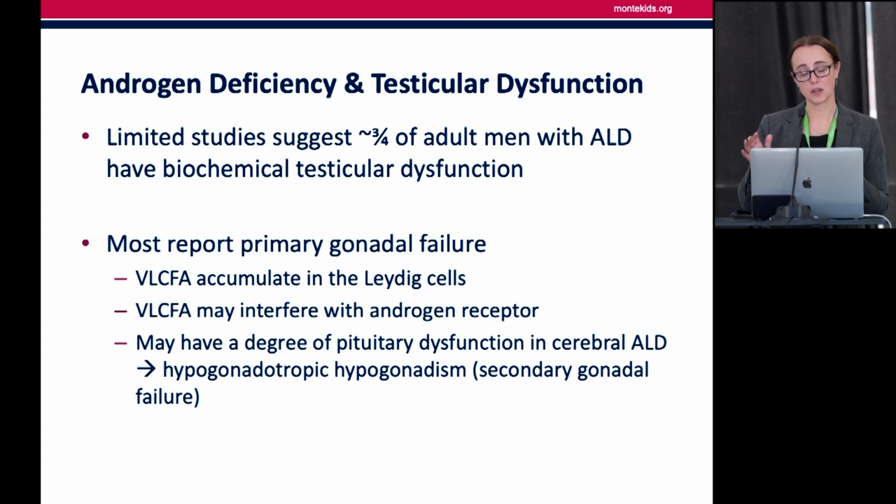But roughly about 3/4 of the men in the published studies had some form of androgen deficiency, testicular dysfunction. And the thought is that very long chain fatty acids are interfering with how the testicles are making testosterone in similar ways that they interfere with the adrenal gland's ability to make glucocorticoids and androgens.